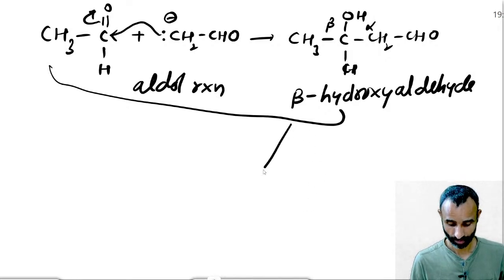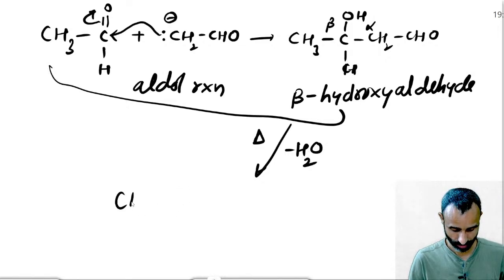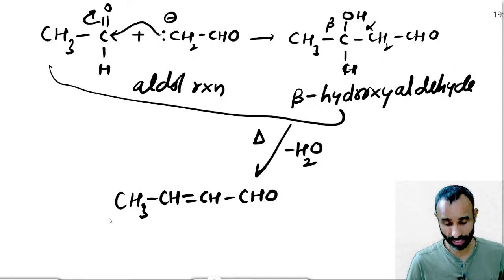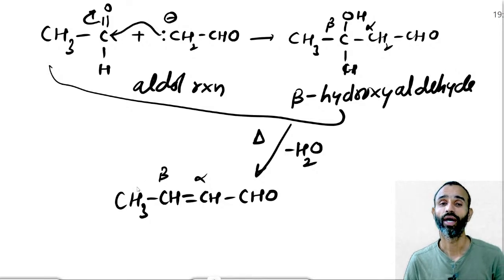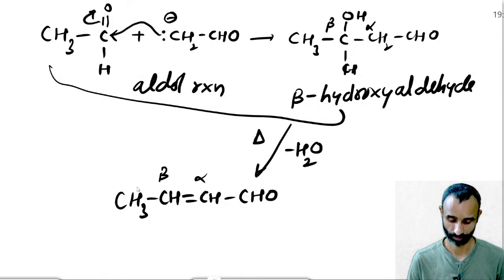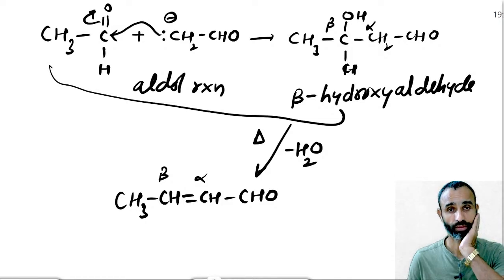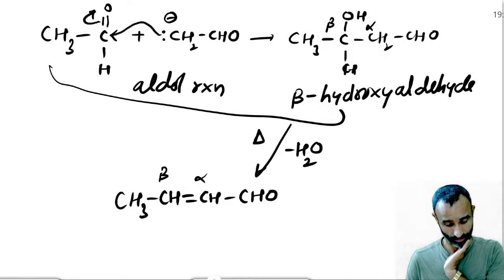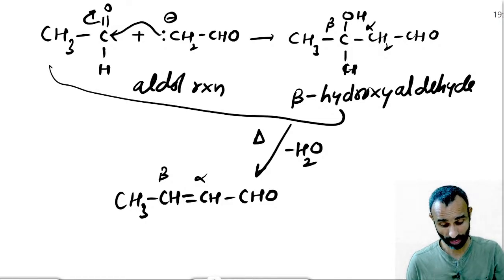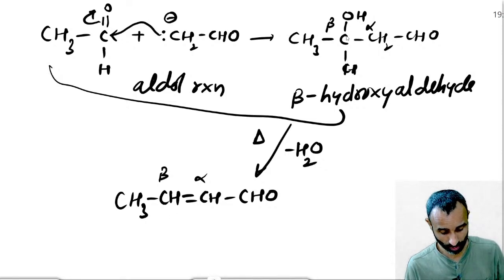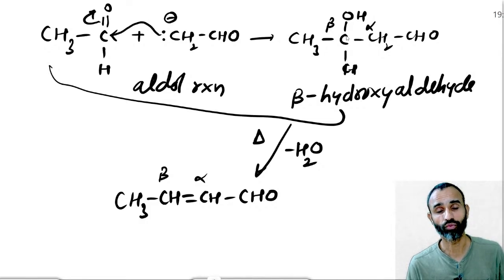Yes. And if we heat it further, water is removed. This is called aldol condensation. And this is alpha beta unsaturated aldehyde. So hydrogen goes from alpha and OH goes from beta. Yes, but see, when this OH is removed, actually this CO part is removed.